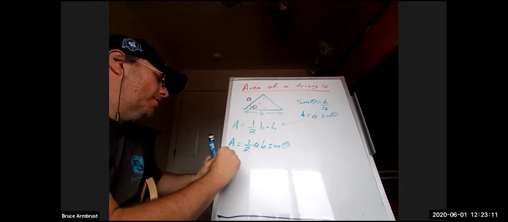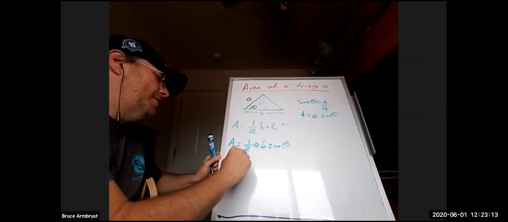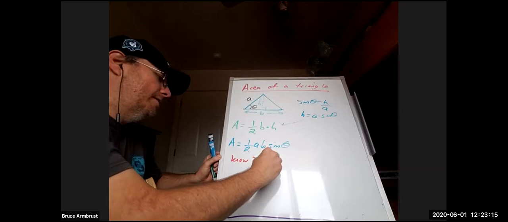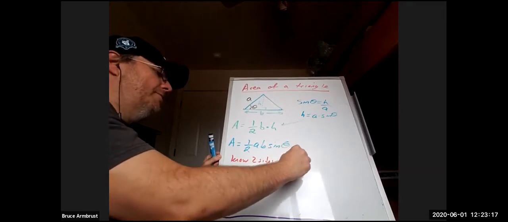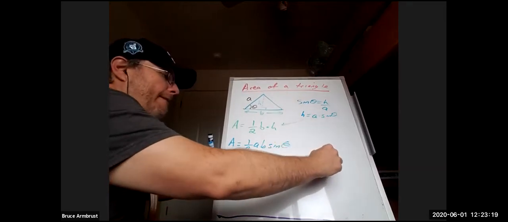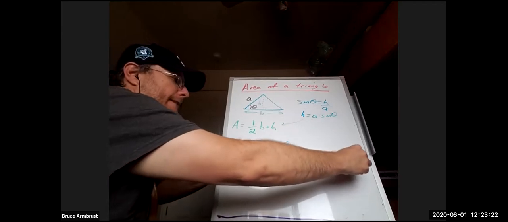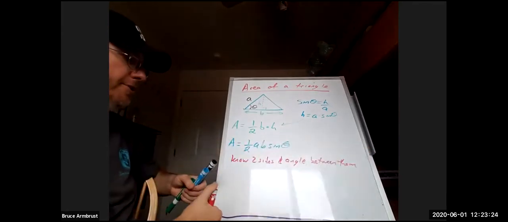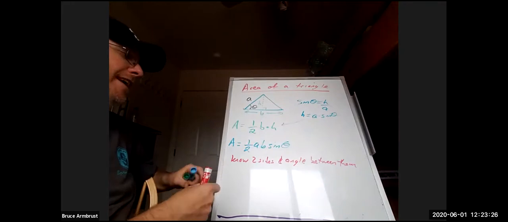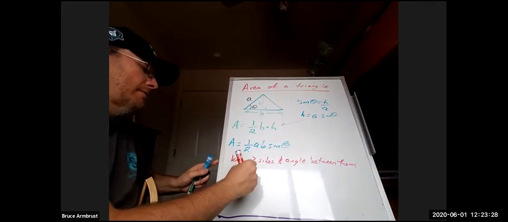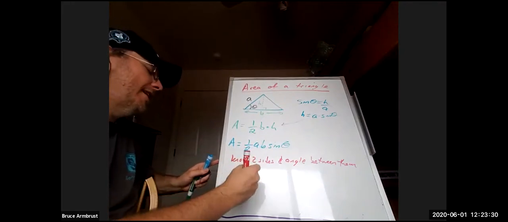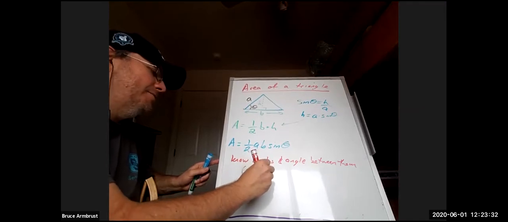Okay, so this is the form you're going to use if you know two sides and the angle in between them. This is also known as side angle side. Two sides and an angle.